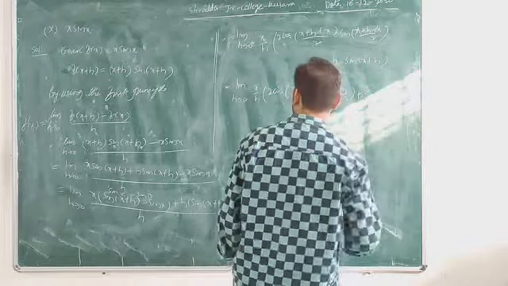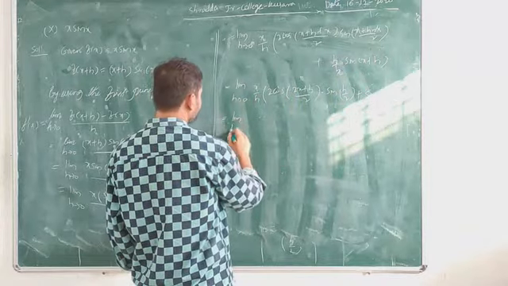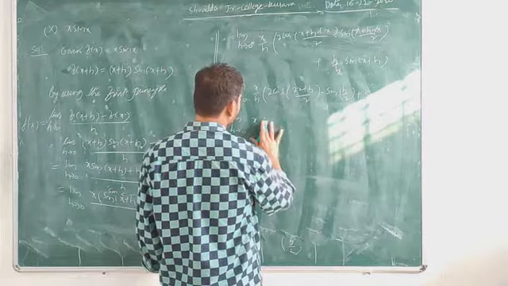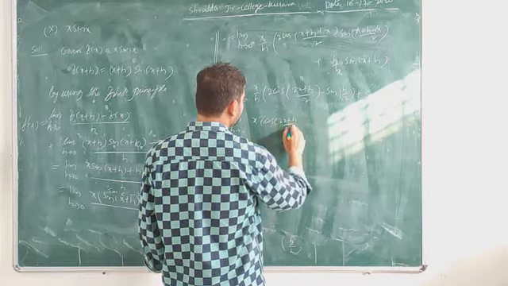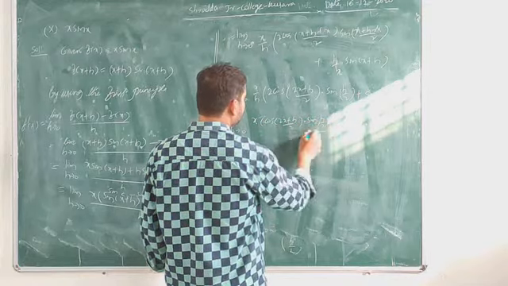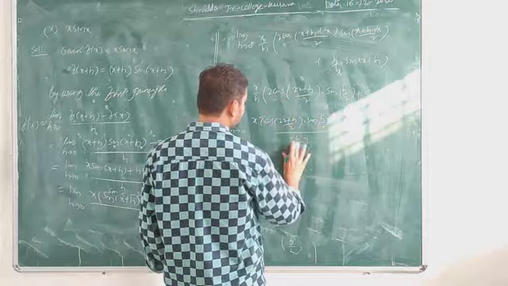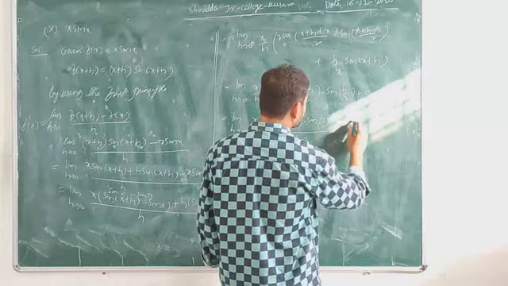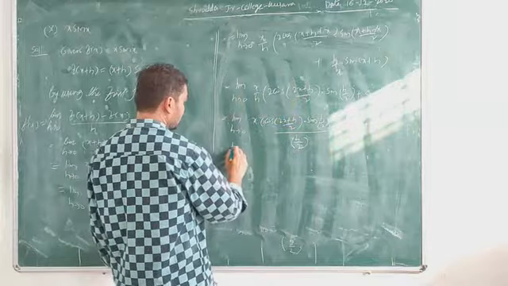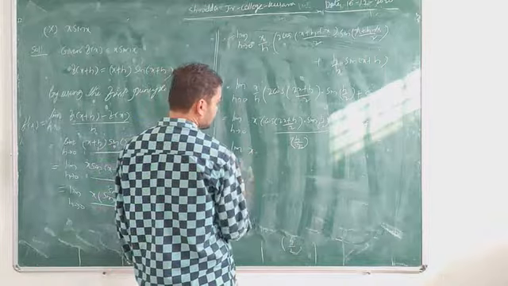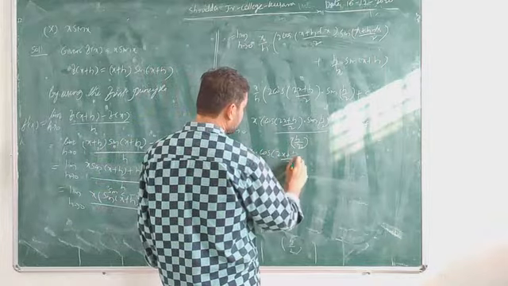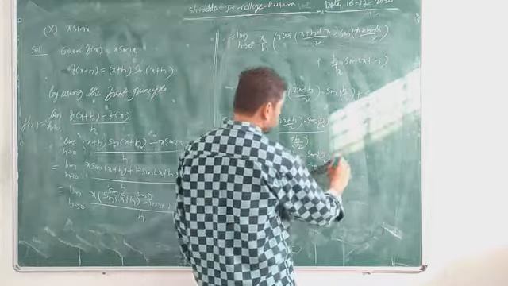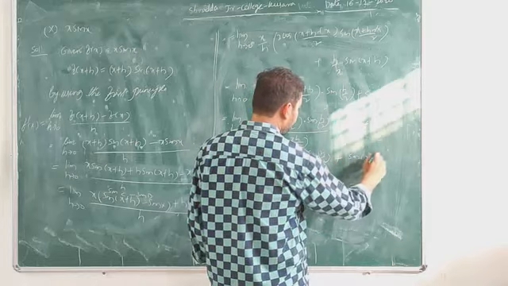Now limit h tends to 0, x into cos of (2x+h)/2 into sin(h/2), h by 2 comes below, plus sin(x+h).